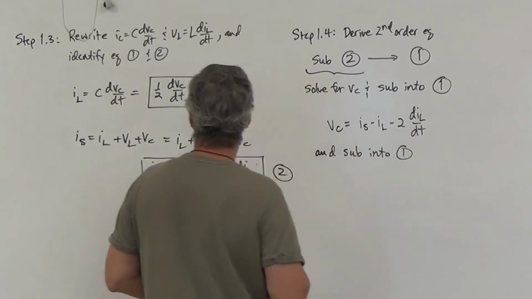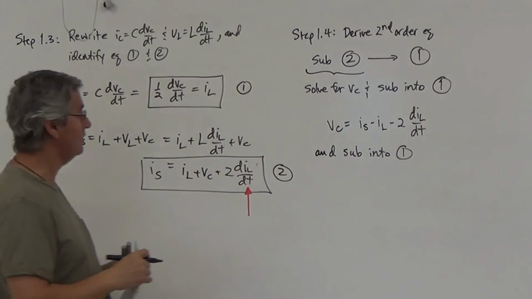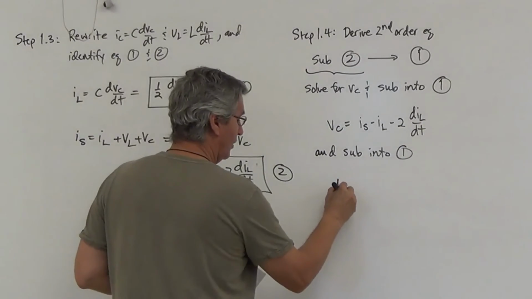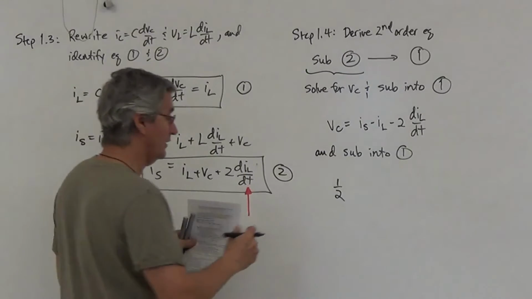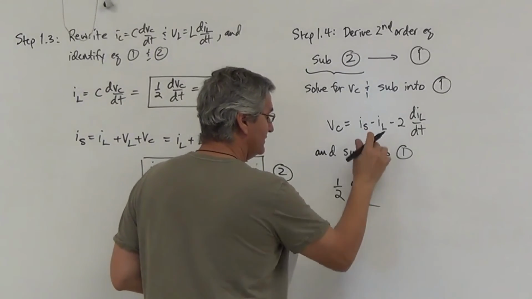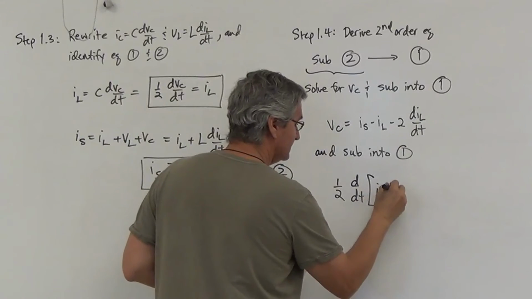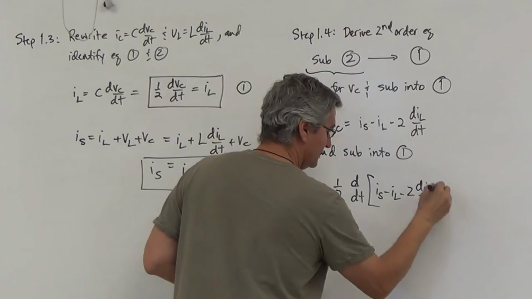So then if I look at this, I'm now going to write 1/2 d/dt, and then I'm going to plug this in: IS minus IL minus 2 di/dt.